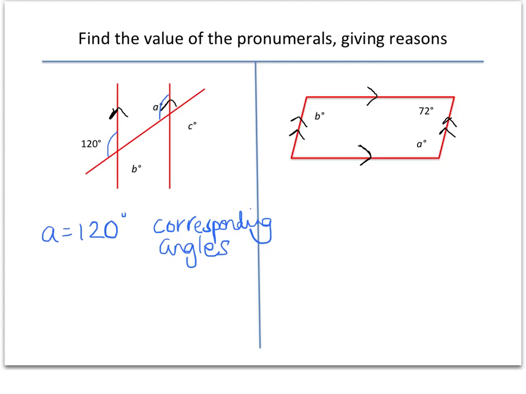Now we've got angle C here, which is vertically opposite to angle A. So C and A are equal to each other, so C is also 120 degrees because we have vertically opposite angles. And that was from our video yesterday.